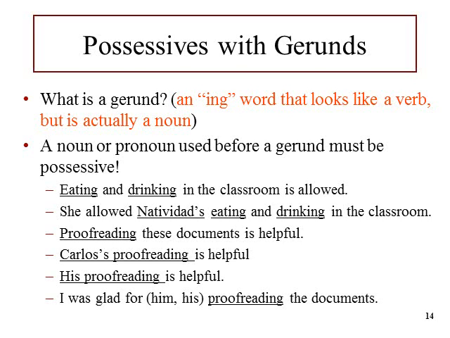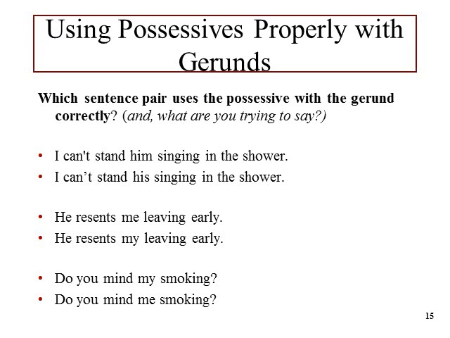So in this case, I was glad for him proofreading the documents, or I was glad for his proofreading the documents. Well, by following our rule, proofreading being a noun and a gerund, we need the possessive form, not the objective form, but the possessive form. I was glad for his proofreading the documents. Keep that in mind. That can get tricky later to use this right here. Or if you're resenting the actual person, then you want to use that right here.